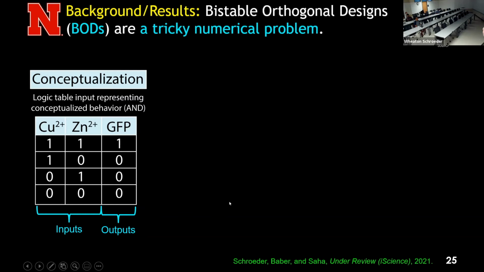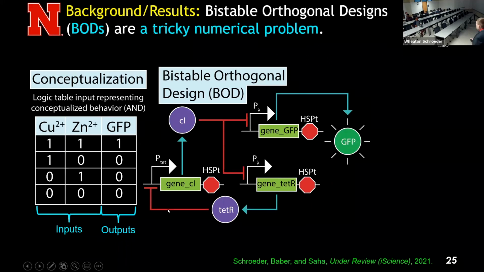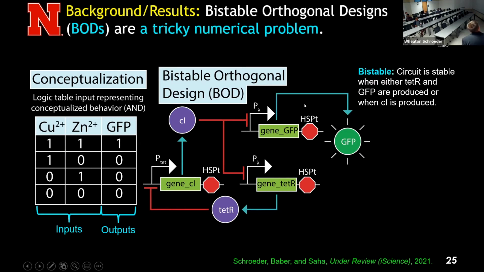And when we started with our bioparts library and started using these conceptualizations, we quickly ran into a problem called bistable orthogonal designs, or BODs. So bistable orthogonal designs have two distinct characteristics. The first is that the circuit will have two stable states. So for instance, the first stable state is going to be when TET-R and GFP are produced, and TET-R is turning off the expression of CI.